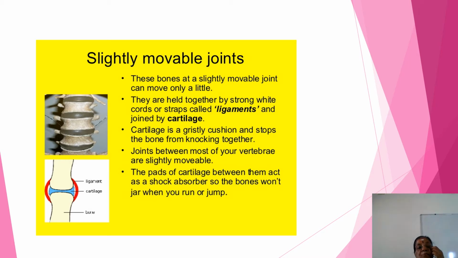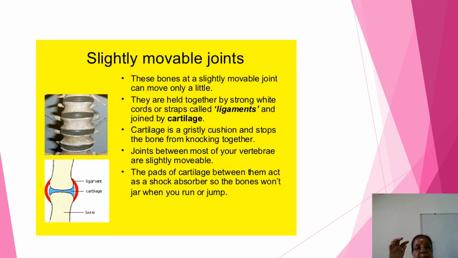The first diagram at the top is the vertebral column. This is one vertebra, this is one vertebra, this is one vertebra. So in between them, they are attached to each other by ligaments, and these are labeled ligament and cartilage. The diagram below is the knee portion.